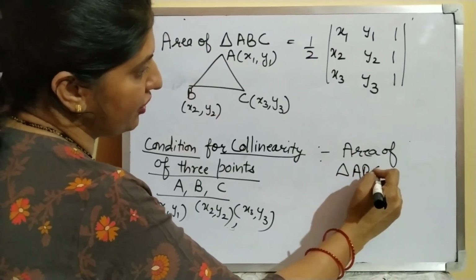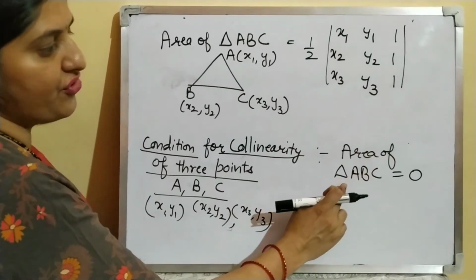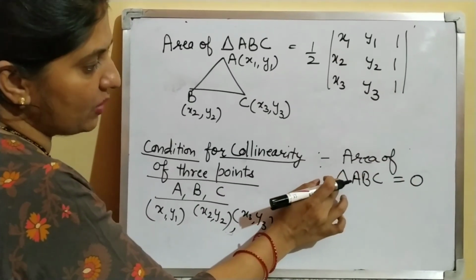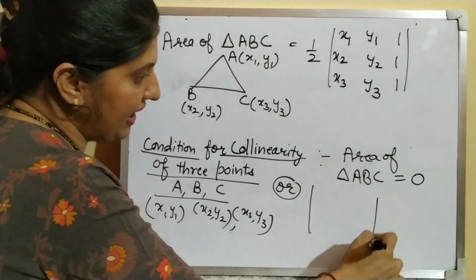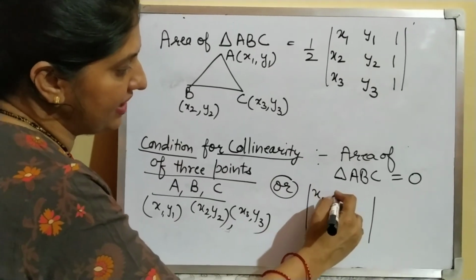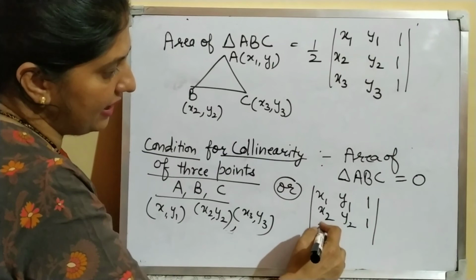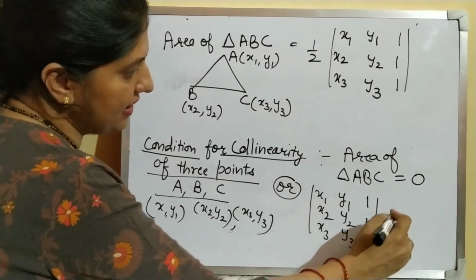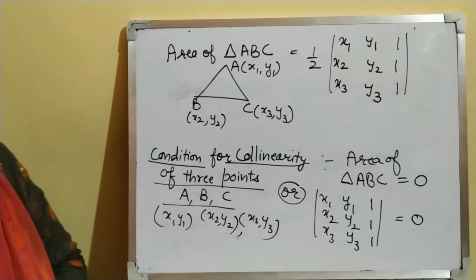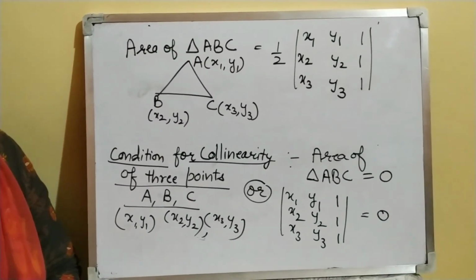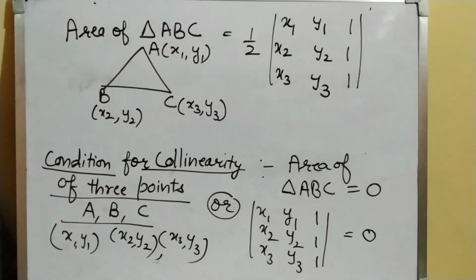So the condition for collinearity of 3 points is that the area of triangle ABC must be equal to 0. Or we can say the value of the determinant with entries x1, y1, 1, x2, y2, 1, x3, y3, 1 is equal to 0. By using these formulas, we can find the area of triangle ABC and the condition for collinearity of 3 points.